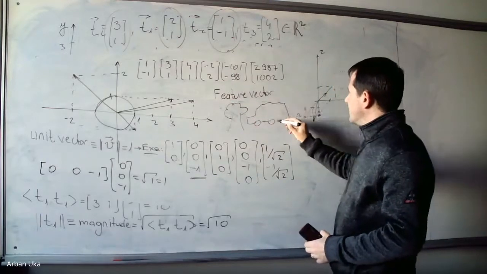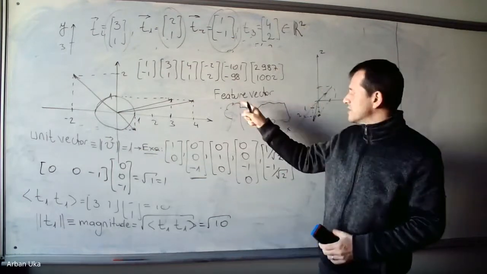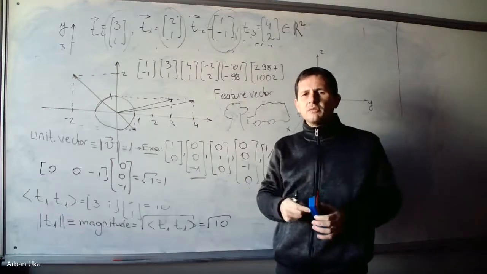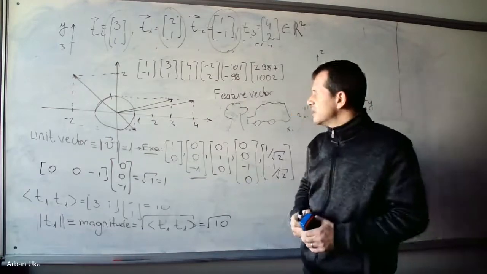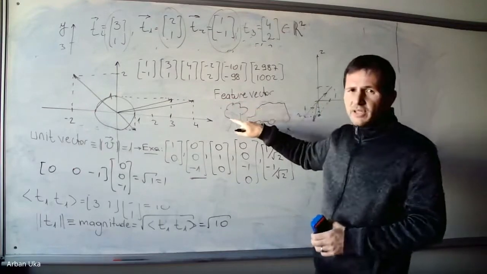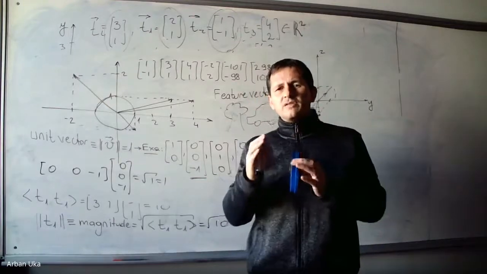Computers don't see shapes, don't see contours, but they see numbers which to a human eye seem random. What computers do is extract feature vectors and then compare these feature vectors.